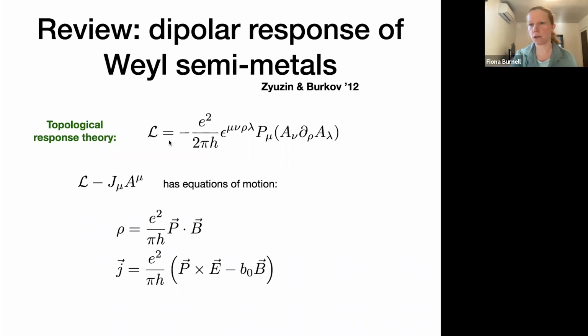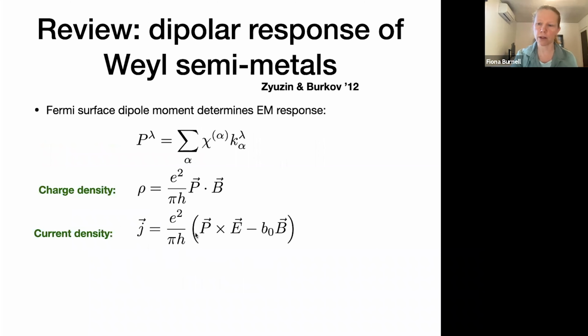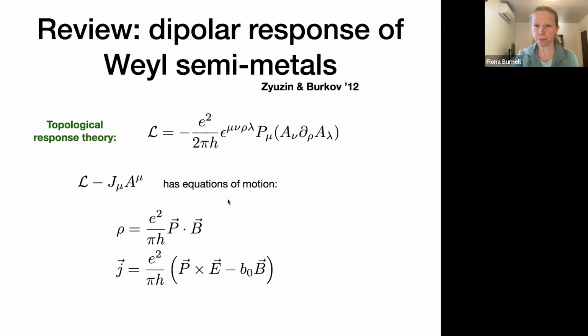So that means that I can write down this nice topological response theory to get these kind of responses, which you get, for example, from a Kubo formula calculation. It looks like this. This is the completely antisymmetric tensor. Here's my dipole vector.